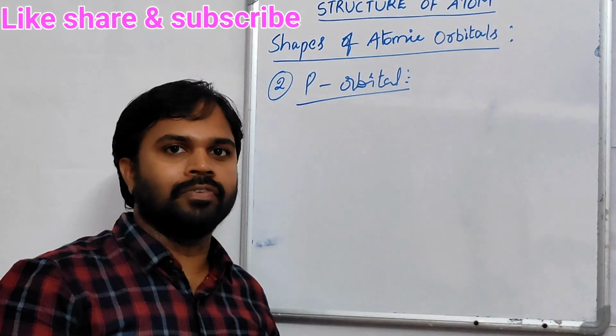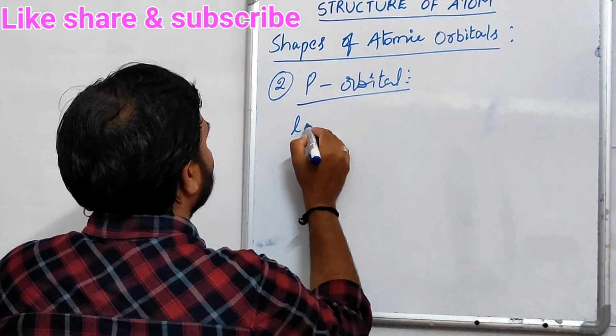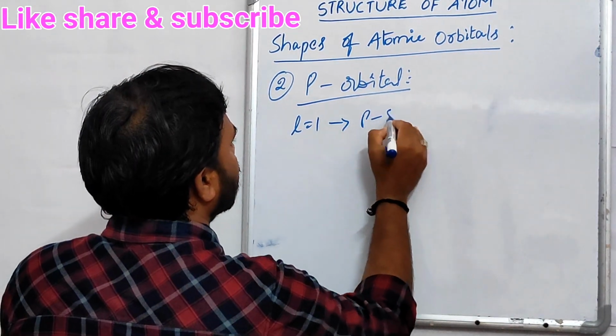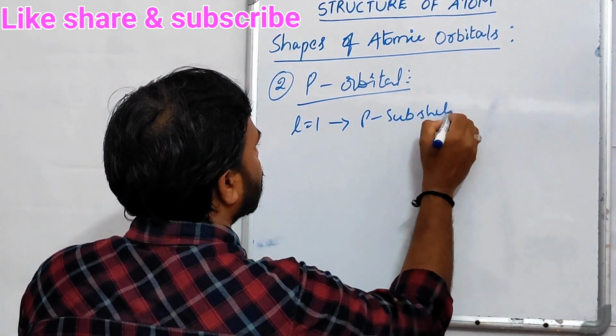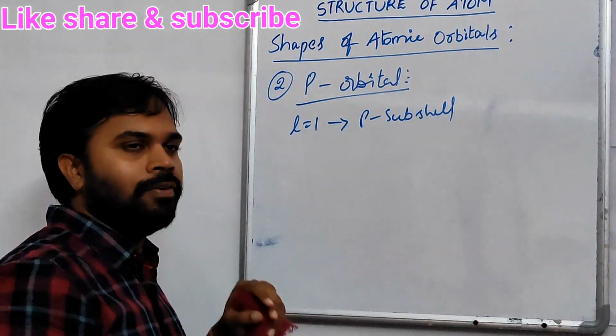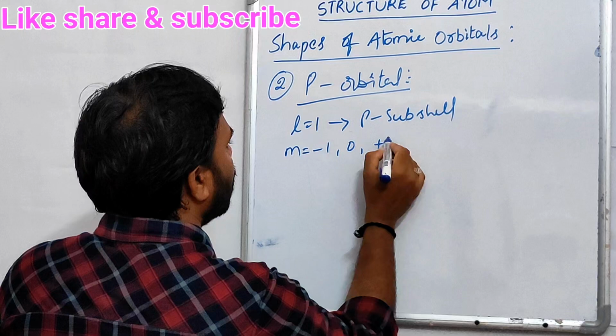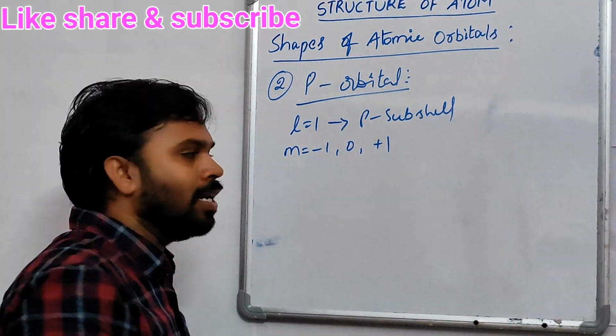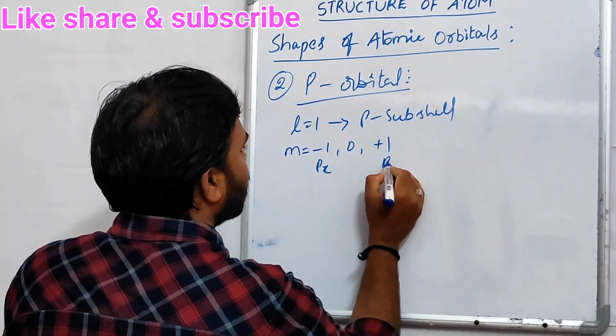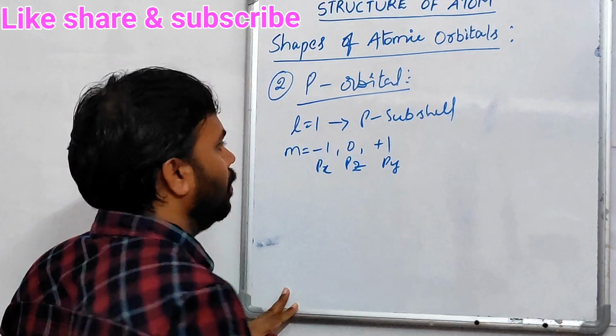If L value is 1, it is designated as P subshell. And for this, M values are -1, 0, +1. These are designated as Px, Py, Pz.